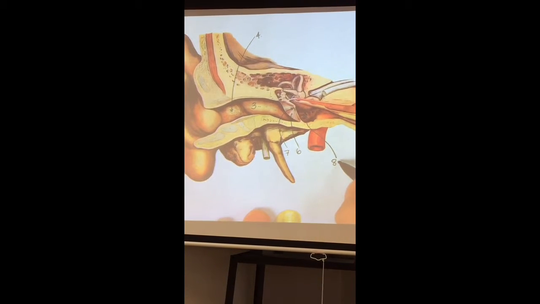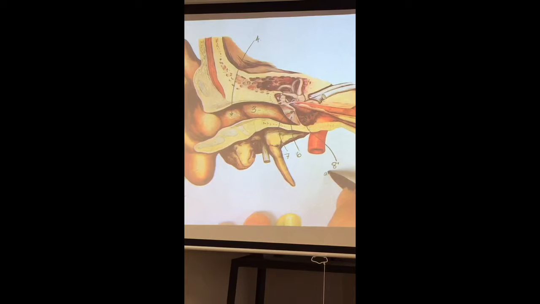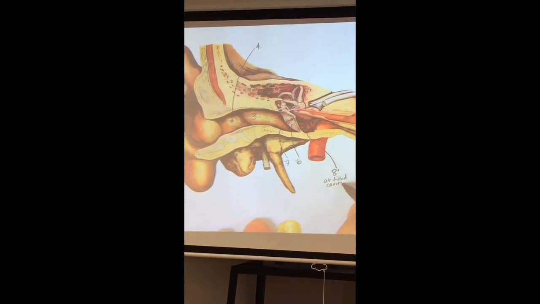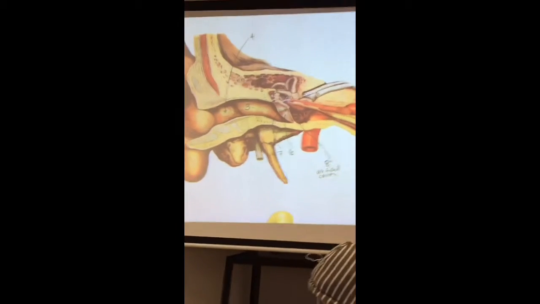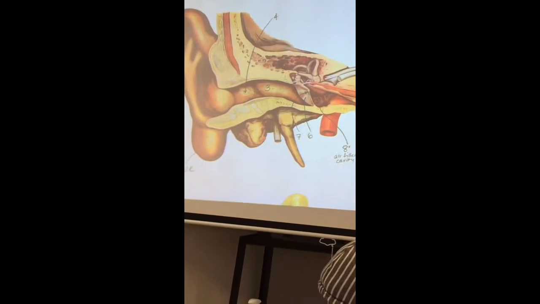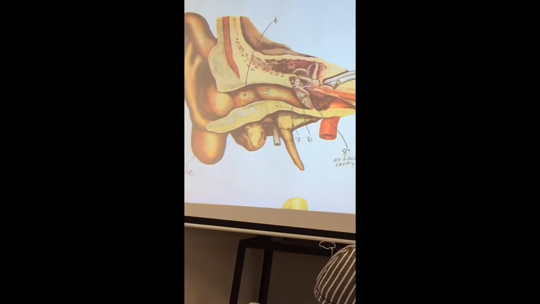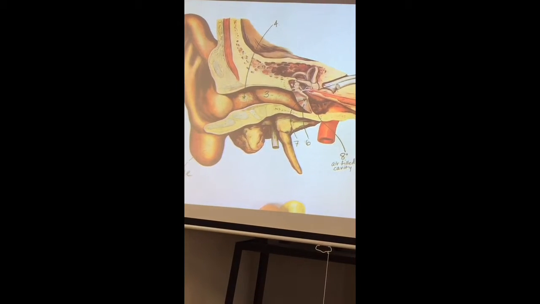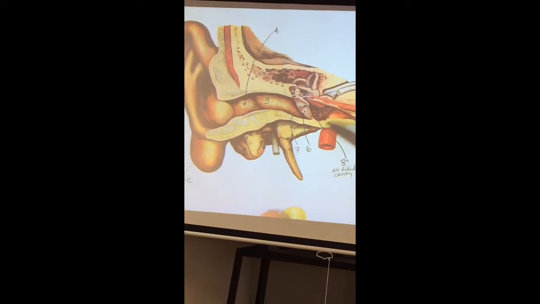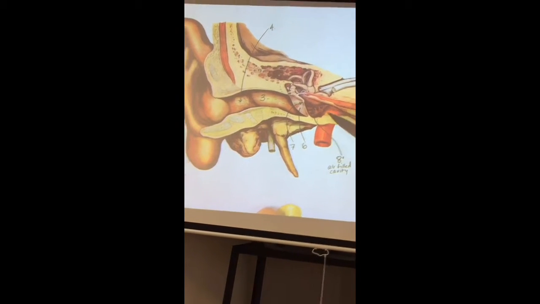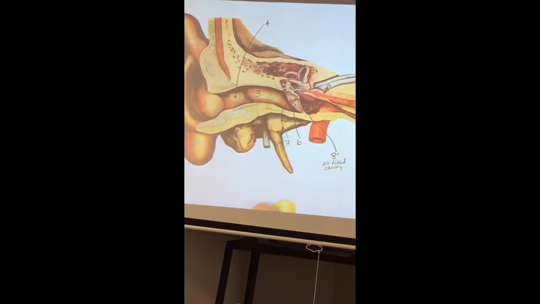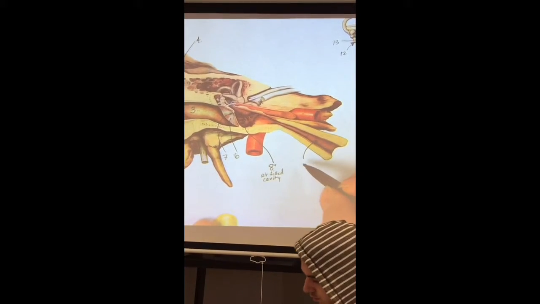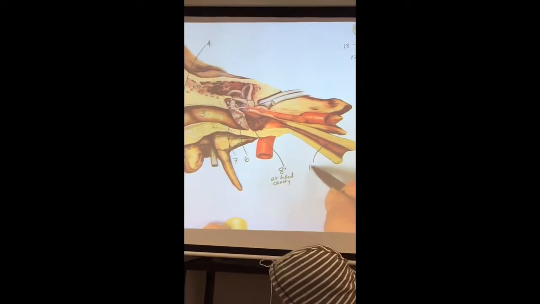So when we look at this tympanic cavity, and again it's an air-filled cavity, we need to be able to keep the pressures the same on either side of the tympanic membrane. The way in which we keep these pressures the same is by equilibration of that tympanic cavity, and we can equilibrate that air pressure via this tube that we call a eustachian tube or auditory tube, number 11.